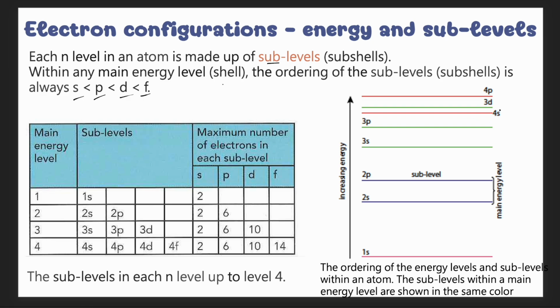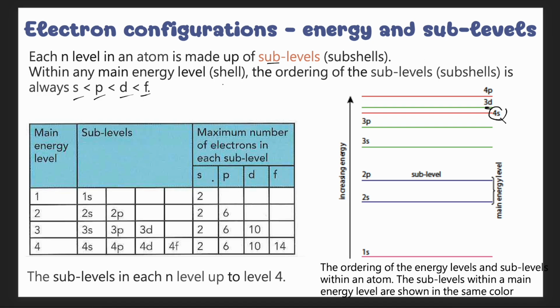So here you can see 4s has lower energy compared to 3d because 4s electrons can be easily removed compared to those in 3d. And when we fill up the electrons, we also start with 4s compared to 3d. We will talk about this more clearly when we write the electron configuration.